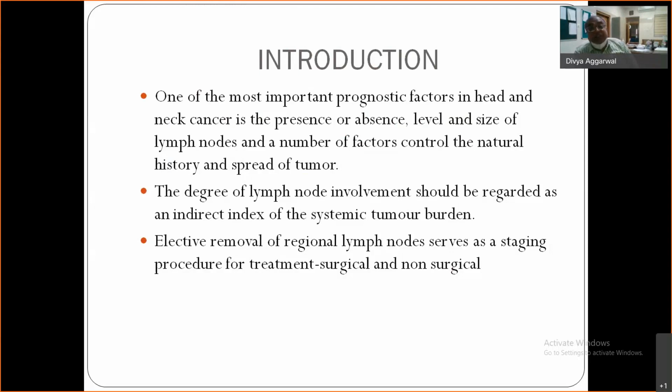So lymph node involvement is an important index of systemic tumor burden, and elective removal of regional nodes serves as a staging procedure for treatment, surgical and non-surgical. Of course, elective removal of regional lymph nodes comes with its own controversies, and we shall go into it in detail later on.